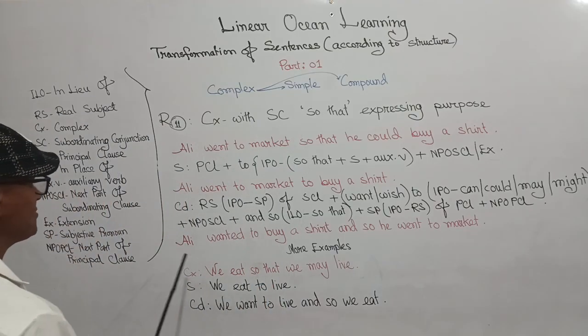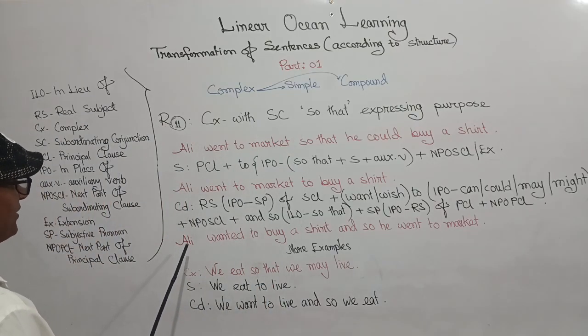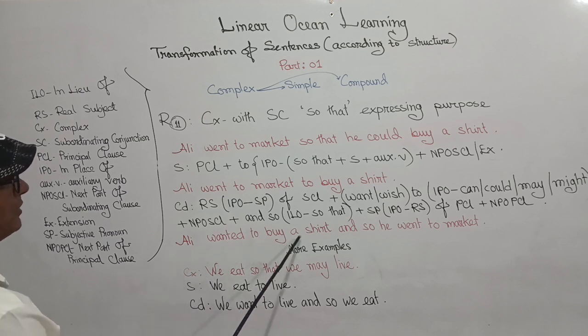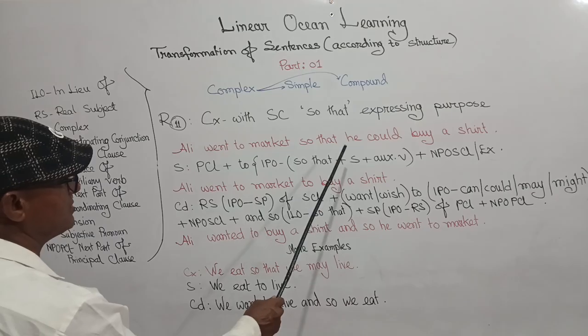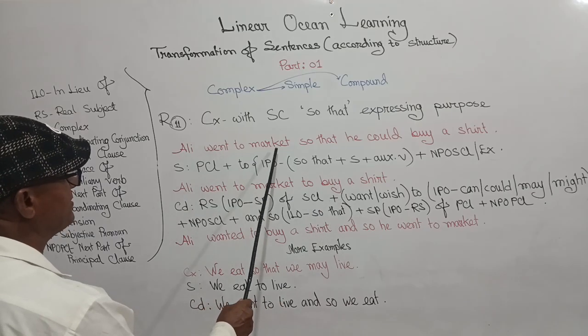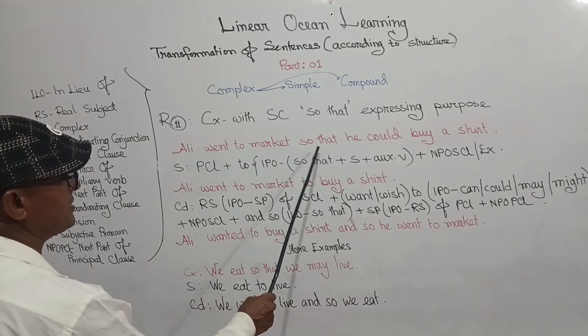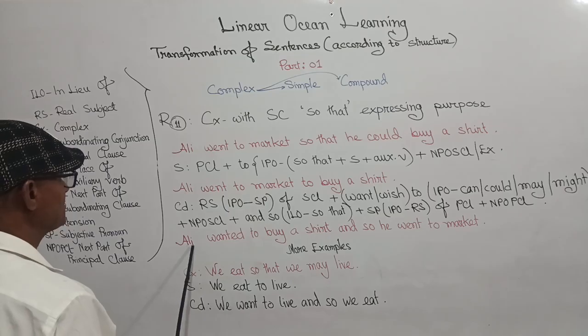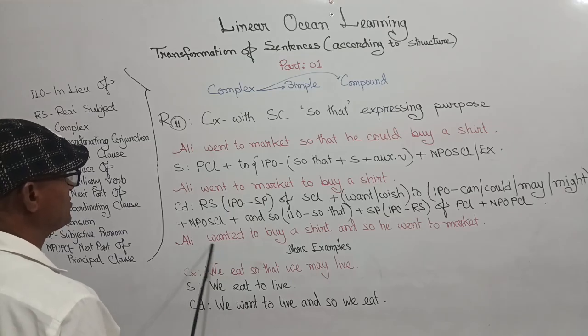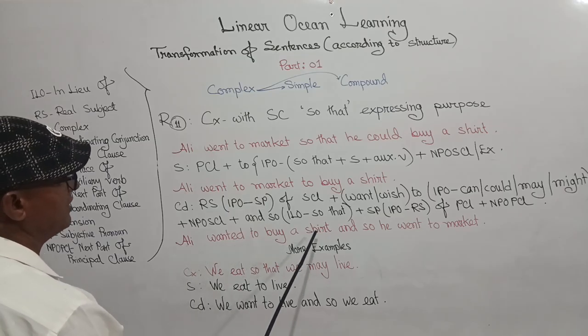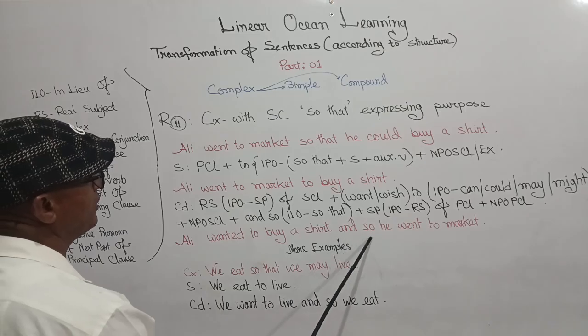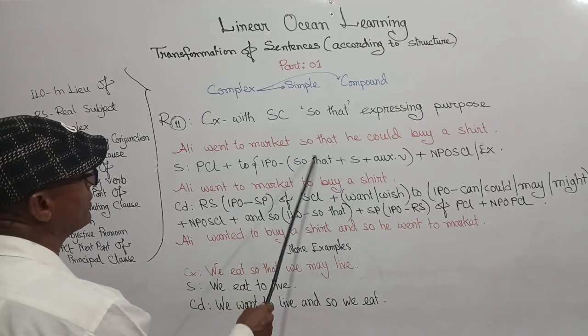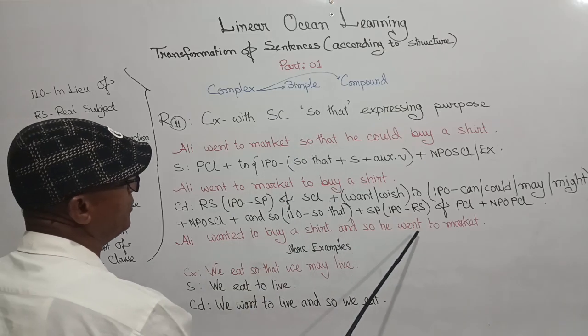Now if we follow the structure, the compound sentence we will get is: Ali wanted to buy a shirt, because the complex sentence given here is in past indefinite tense. So after the subject it is "wanted to buy a shirt", and so, in lieu of "so that", he went to market.